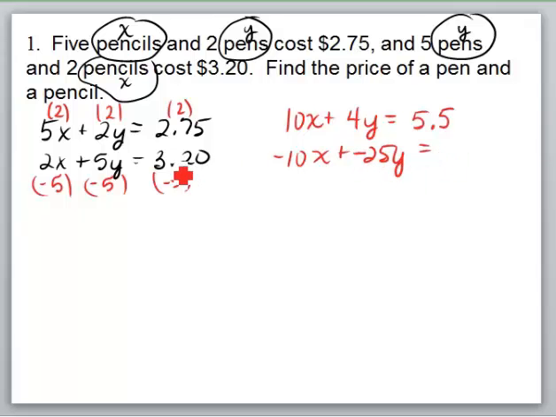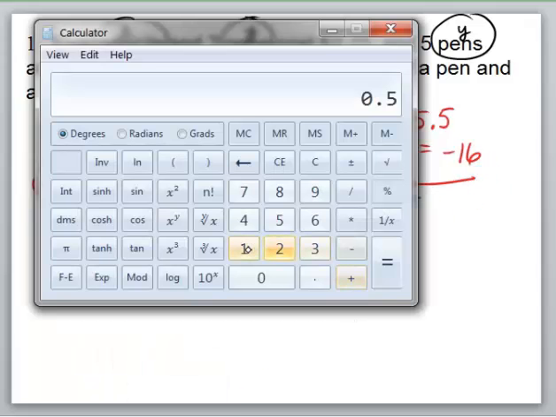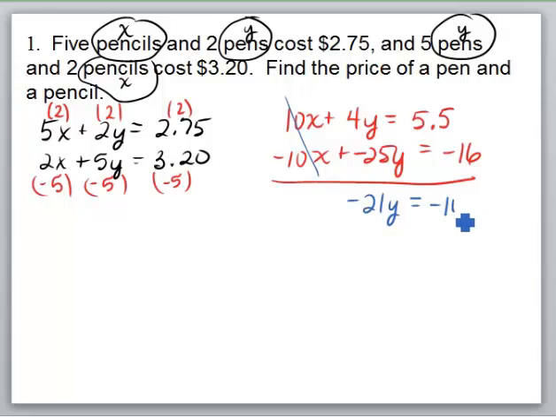equals $3.20 times negative 5, which is negative 16. So now these eliminate, and I end up with negative 21y equals negative 16 plus 5.5, which is negative 10.5.